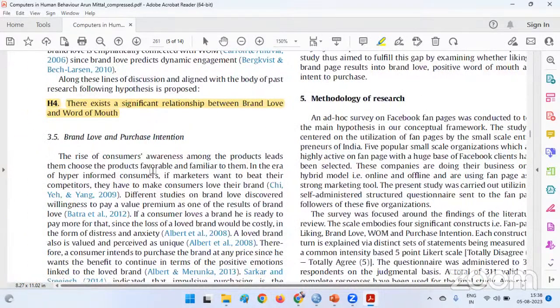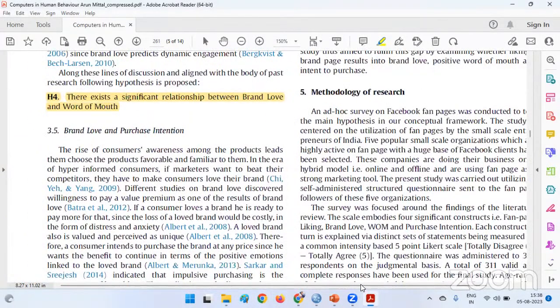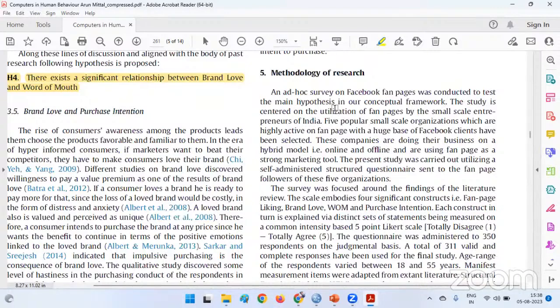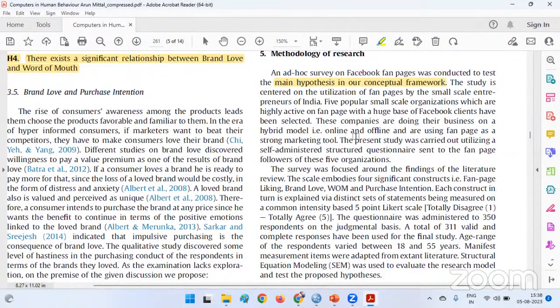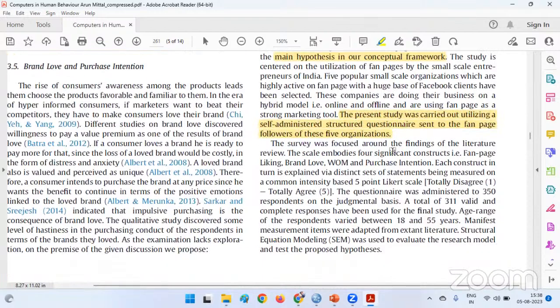Then again, the same thing, the methodology of research. An ad hoc survey on a Facebook fan page was conducted to test the main hypotheses. The survey is centered on the fan page. There is a structured questionnaire, focused on the findings of the literature review, and this also we gave in methodology.